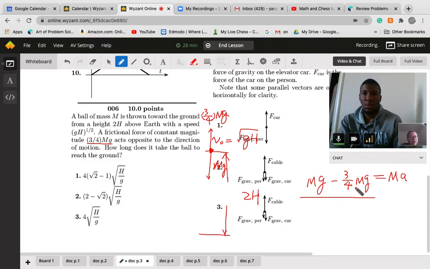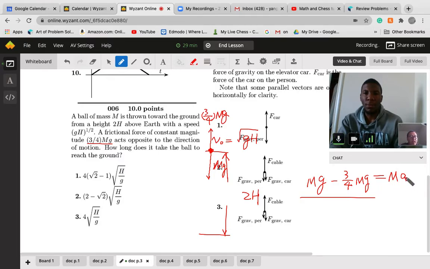Do you understand this? See, at any time, this object has two forces acting on it. One is gravity, another is frictional force. The net force, that means the sum of these two forces, equals mg minus 3/4 times mg. Then this one should equal ma.